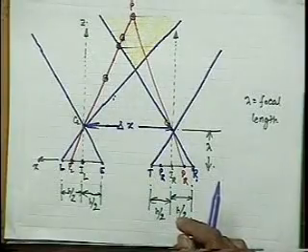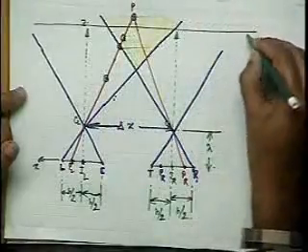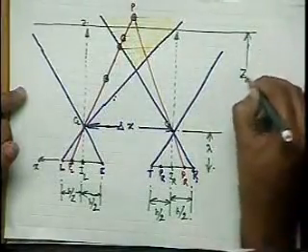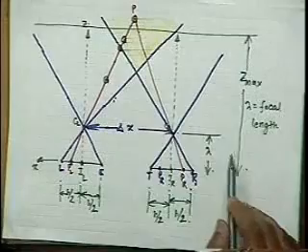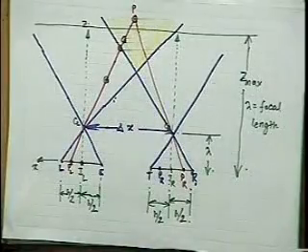In many practical situations we do not have object points whose z coordinate is at infinity, but it is quite reasonable to assume some upper limit of depth. Like I can draw a line like this and say that this is going to be my Z max, the maximum depth. Then obviously our search region will get further reduced, isn't it?